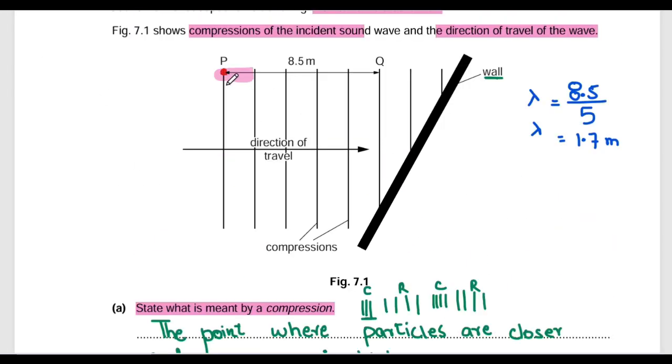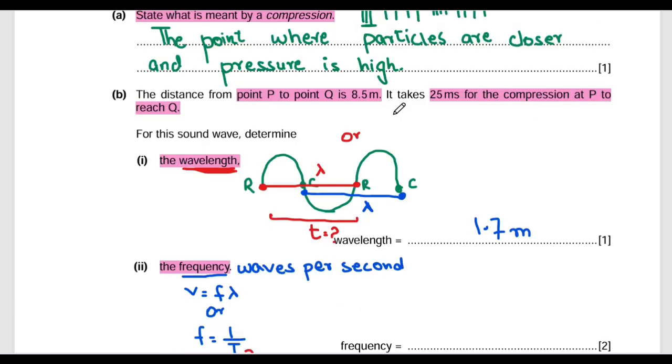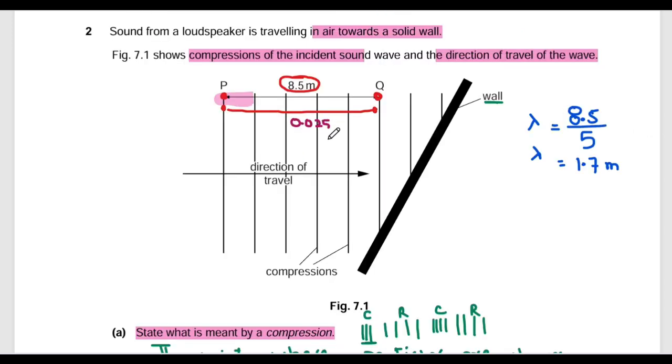Coming back to this figure, from P to Q, the question has told us that it takes 25 milliseconds to travel. We have to convert it into seconds. 25 milliseconds would be equal to 0.025 seconds. That means from P to Q, it takes 0.025 seconds. How many waves are there? There are 5 waves. So if we want the time taken for one wave to travel, we simply divide by 5.